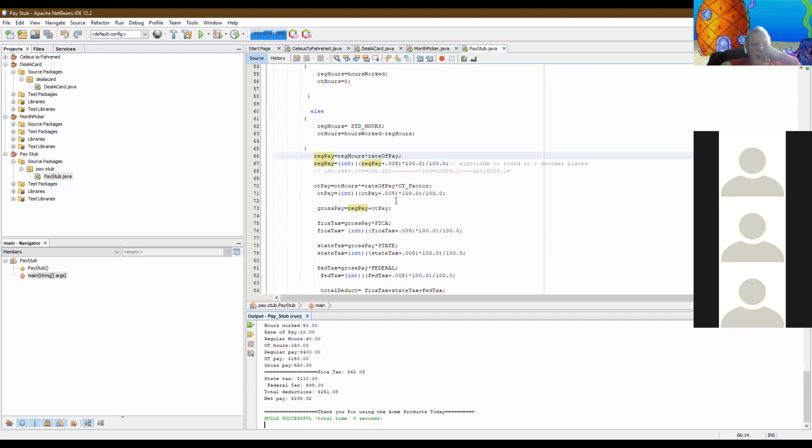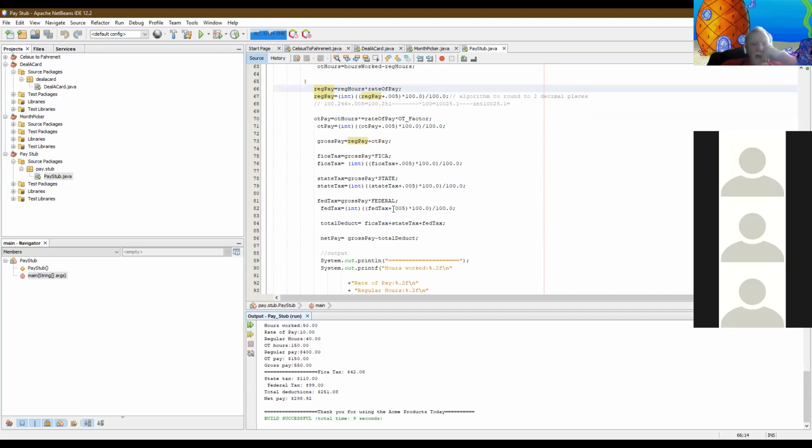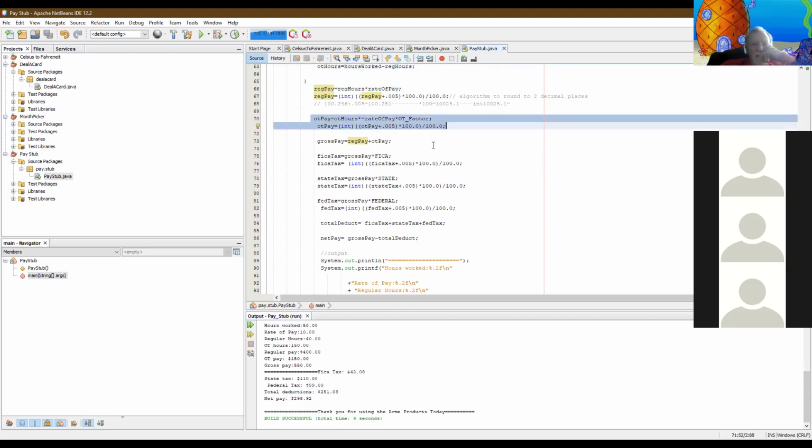Okay, so scroll down a little more. That's bizarre. Why would the gross pay work when you'd have more than, I'll bet you I know. Gross pay would be overtime. Go to OT pay and look at it. Go up to where you calculate it. You see anything wrong with that line? Because I do. Pay times OT factor.